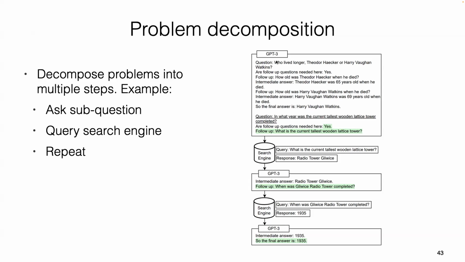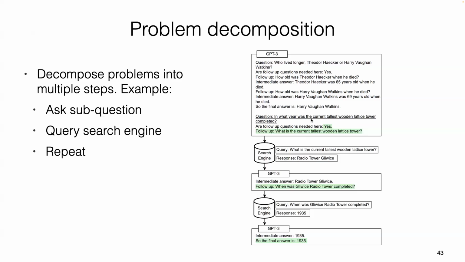So here's an example where you want to answer a question. This is called self-ask. You basically tell the model to ask different sub-questions that help to get to the final answer. And each time a sub-question is asked, you call out to a search engine API, and it gives you a response.